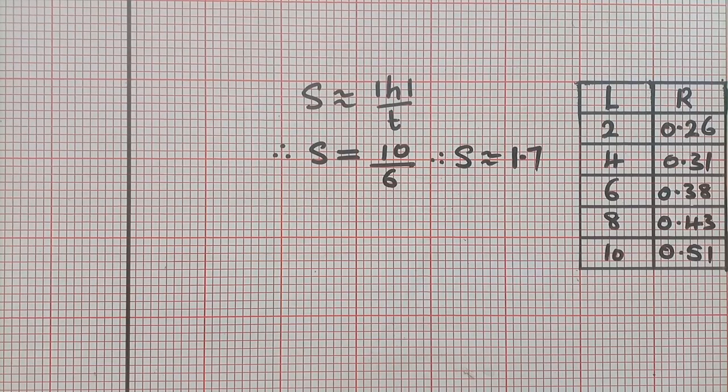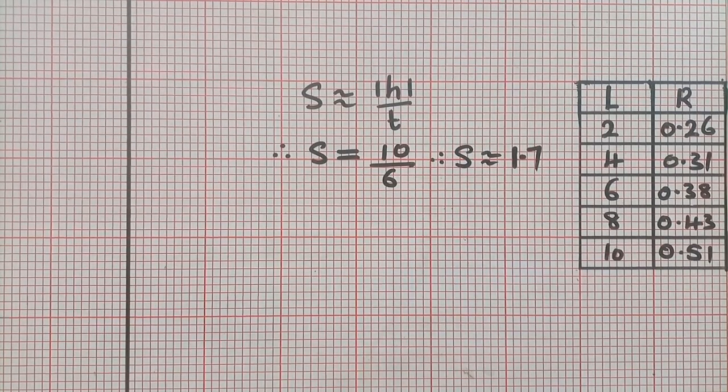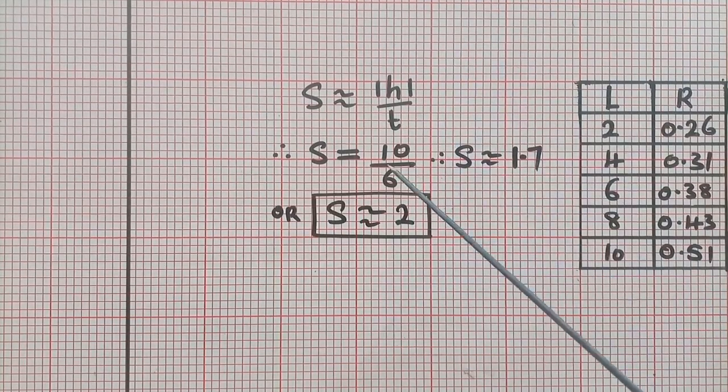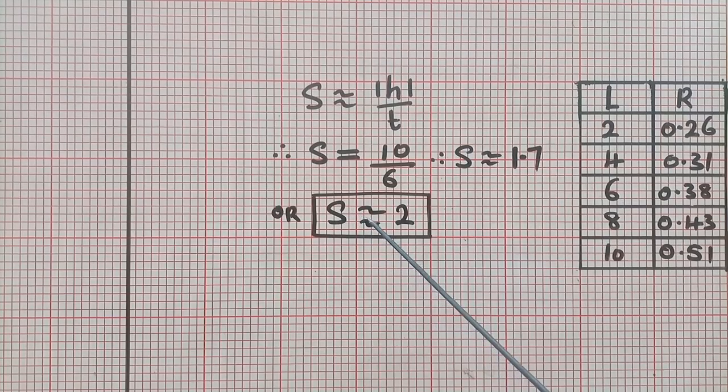That is, if you round up this 1.7, what you get is 2. We therefore write that our scale is approximately equal to 2. What it means is that along this axis, every interval has a value of 2.